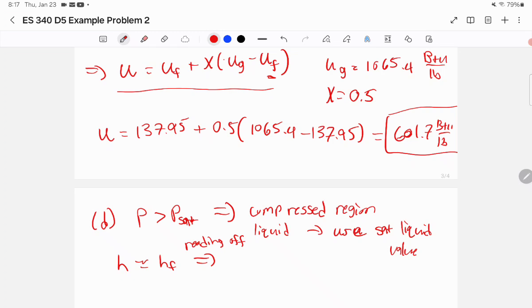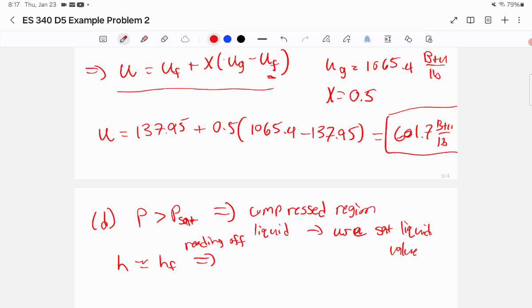Now you have to be careful with H, by the way, with the tables, because there's also something that goes in between. It's the evaporation in between the saturated liquid and the saturated vapor. So the enthalpy table, you have to be careful. There's 3 rows, and typically we're going to want to take HF and HG, but not the HFG.